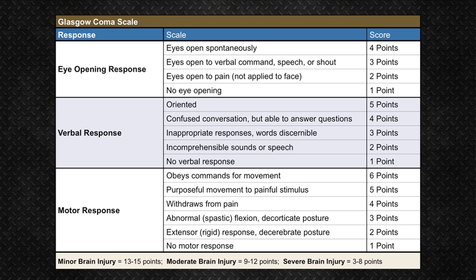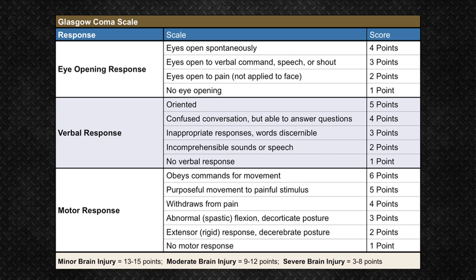With verbal response, and this can be with you talking to them or with pain, so any verbal response that you get from this patient, and remember we want to grade the best one. So if they're talking to us and they're oriented, that's 5 points.